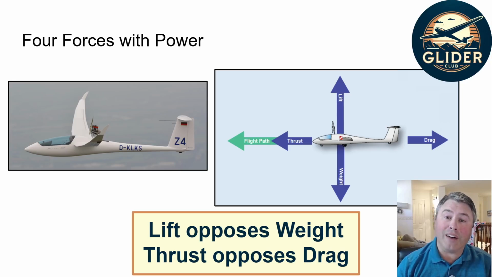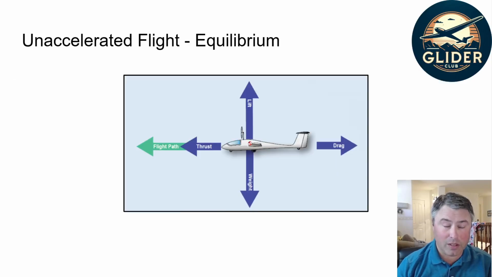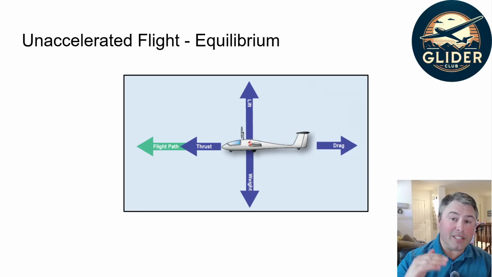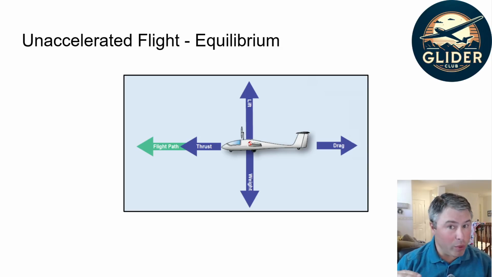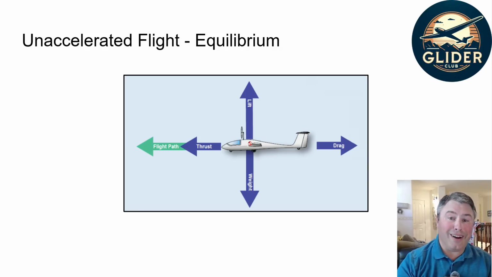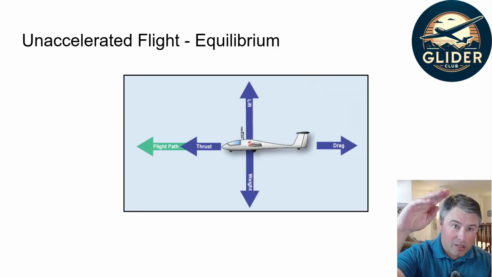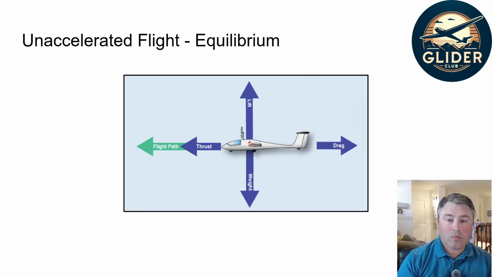The FAA is going to have some specific words and terms that they want you to understand about this. Two of them are unaccelerated flight and equilibrium. Unaccelerated flight is when the glider is neither speeding up nor slowing down. Also, it's not in a turn or speeding up upwards or downwards.